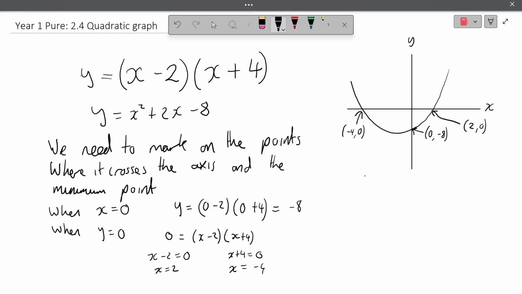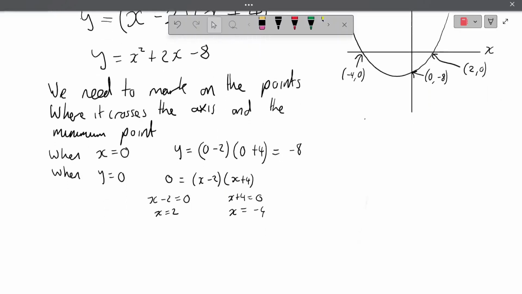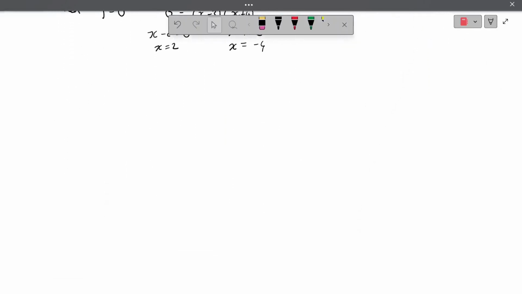Now, what about the minimum point? Well, there's several ways you can go about that. We could do completing the square. So I'm going to go down the route of completing the square to find the minimum.